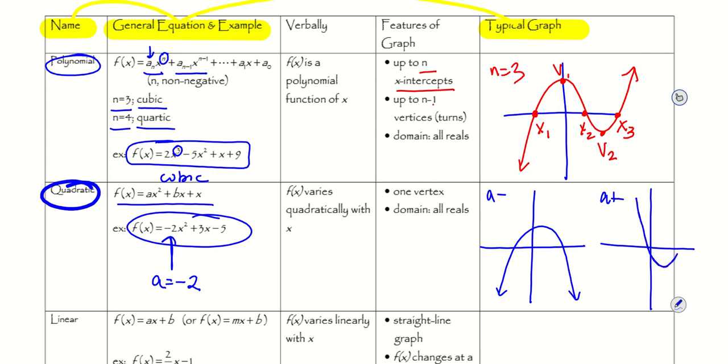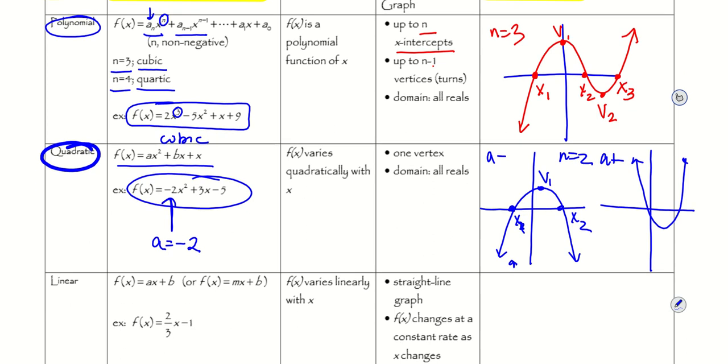Okay, so happy versus sad. So in a quadratic, n is 2, and you'll notice that this parabola has 2 x-intercepts, and it has one vertex. 2 minus 1 is 1.